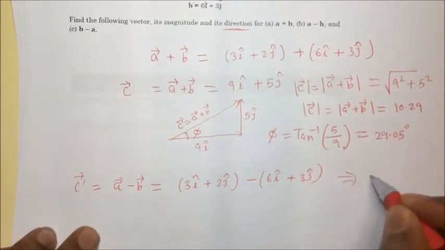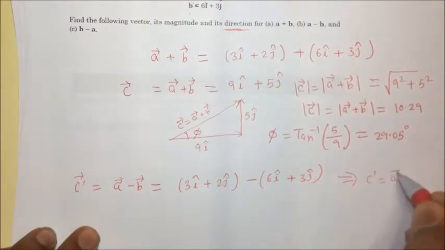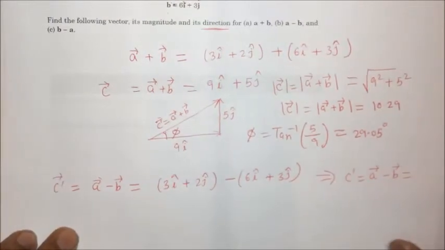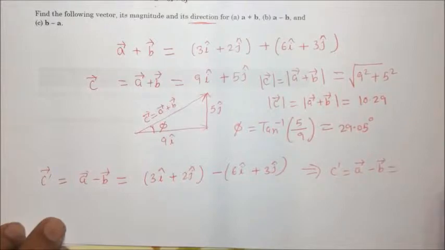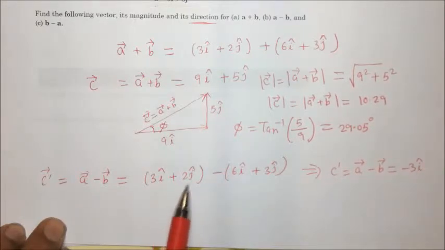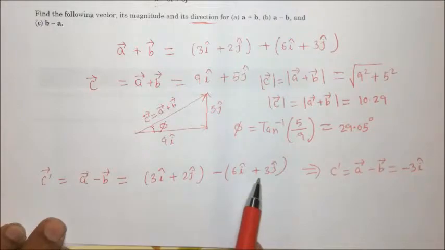So C prime, vector A minus vector B, is going to be 3i minus 6i, which is minus 3i, and 2j minus 3j, which is minus 1j.